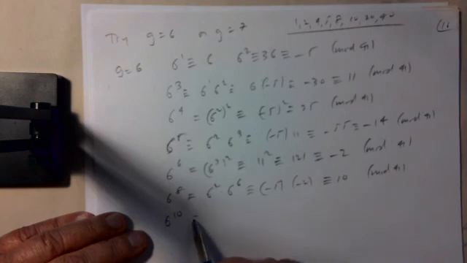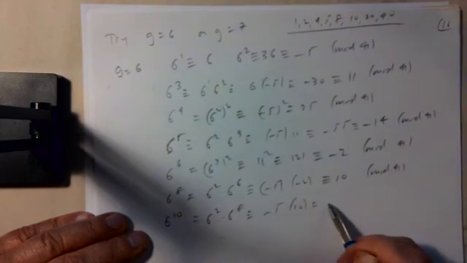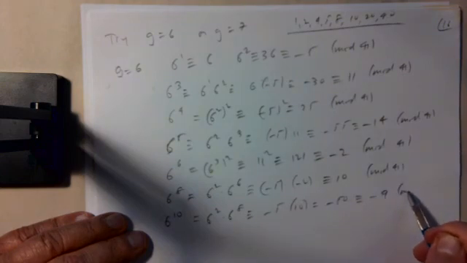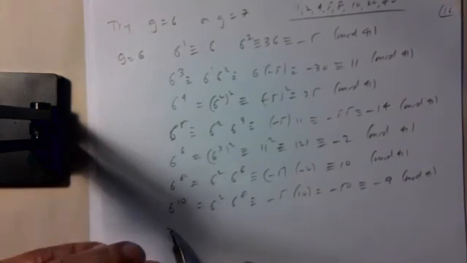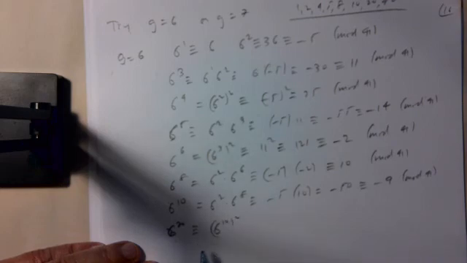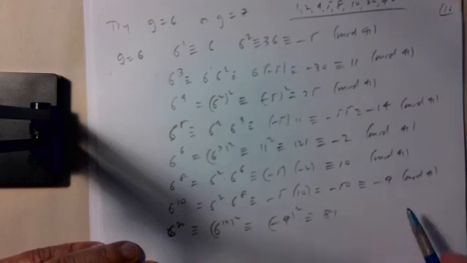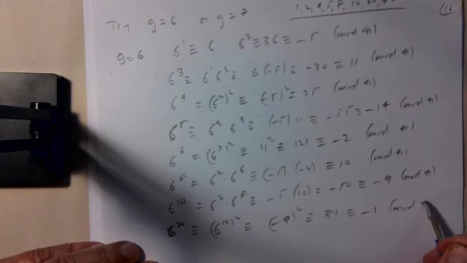6 to the 10 is 6 squared times 6 to the 8th. That's minus 5 times 10 is minus 50 is minus 9 mod 41. 6 to the 20th is 6 to the 10 squared. That's minus 9 squared. That's 81 is minus 1 mod 41.